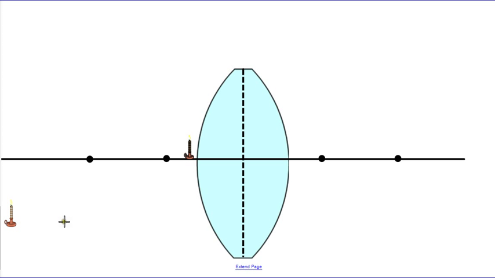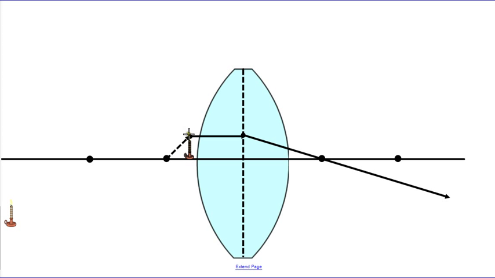And the next one I want to show you is this one, because this one is a little bit different. Same principles, but it's going to look a lot more complicated. In this case, we again start with parallel to the 1f. And in this case, similar to when we were working with our mirrors, we have to do an extension from the 1f, in this case, to look like that.